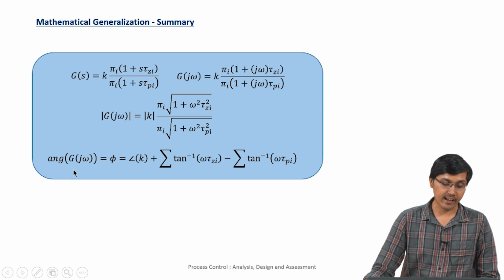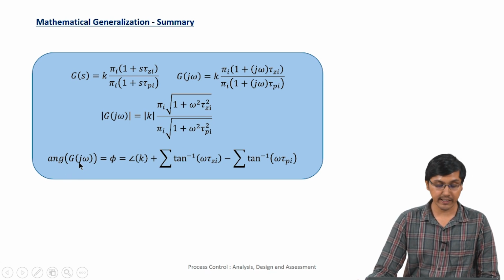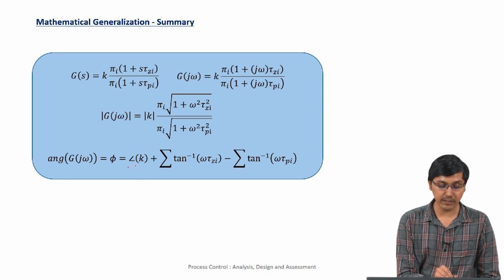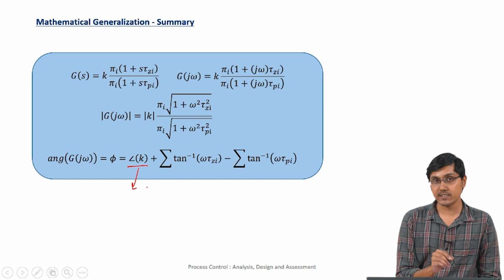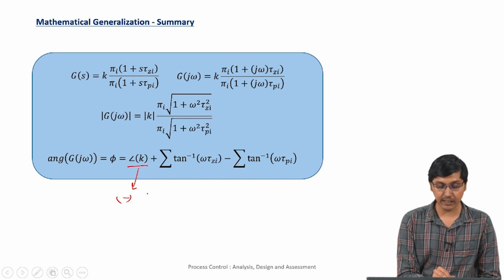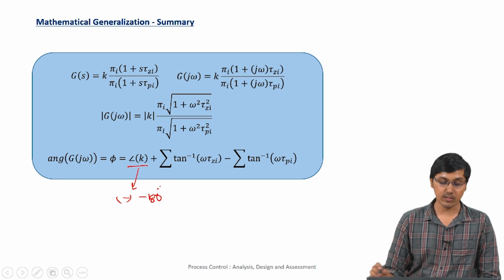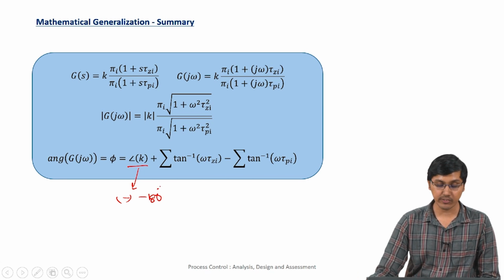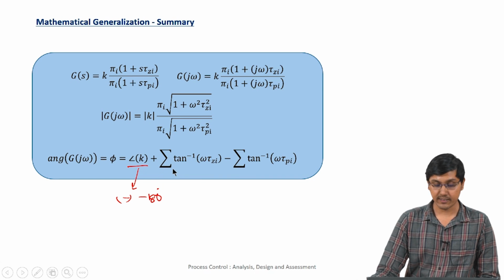The angle contributed by G(j omega), that is the phase, is the angle of K. The angle of K has to be considered because, though it is a constant, it could have a minus sign, which is a 180 degree phase shift. We also consider tan inverse of omega tau: for all the zeros we have the addition term, and for all the poles we have the subtraction term.